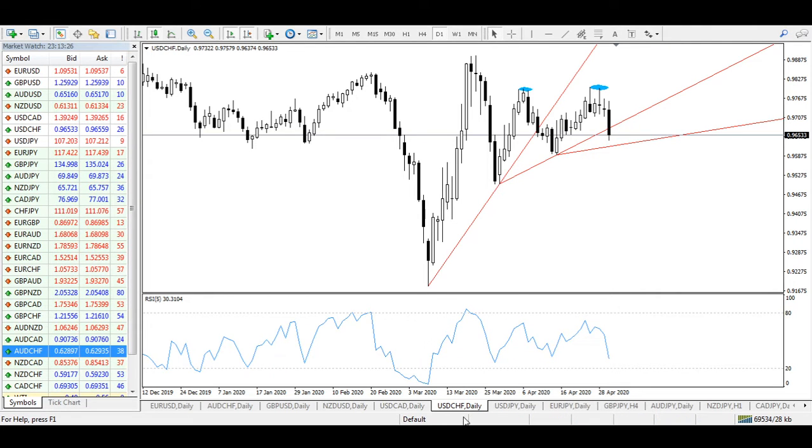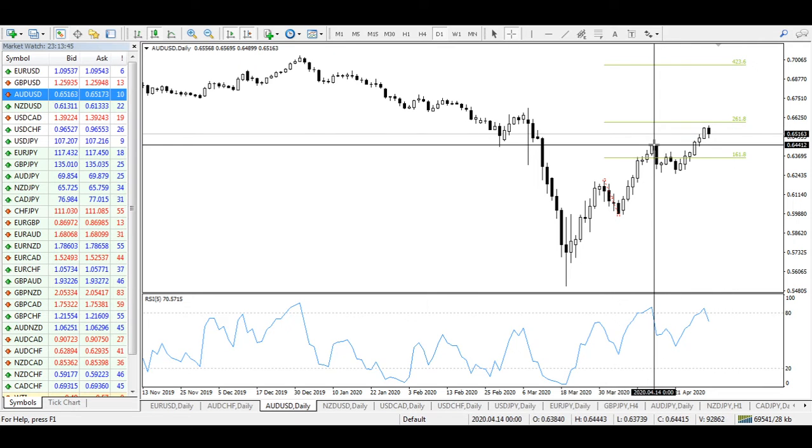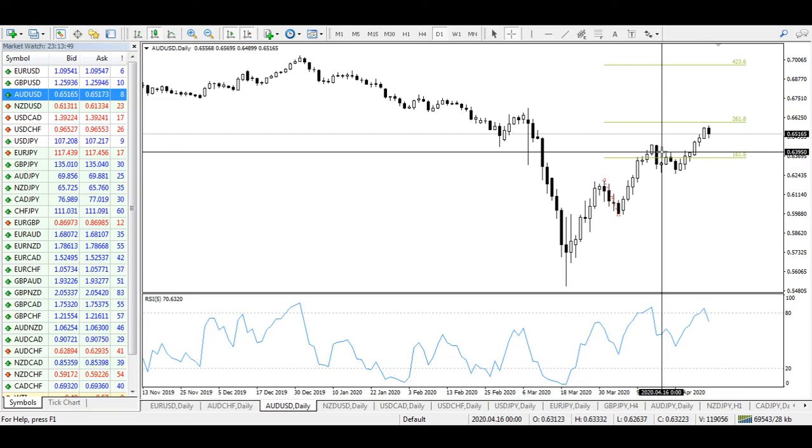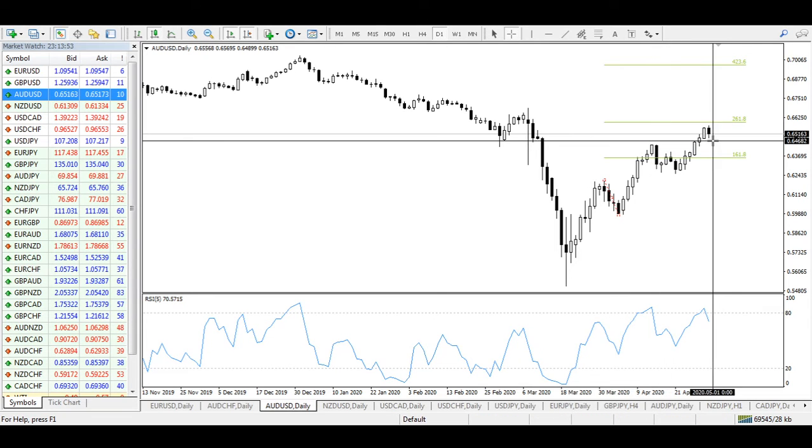And if we look at the Australian dollar alone versus the US dollar, then we plot this chart. Here is the US dollar, here is the Australian dollar. From this point, the previous top will work as a resistance zone, because of course the previous resistance is now going to work as support.